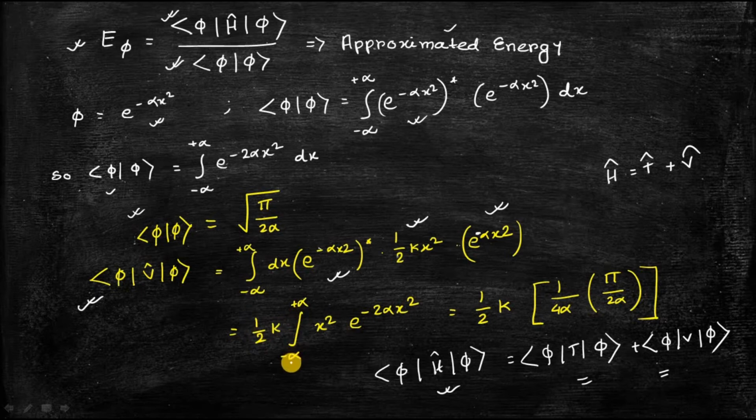So the integral will be from minus infinity to plus infinity of x square into e to the power minus 2 alpha x square. Again, if you go to the integral table, you can solve this integral. I am not going to discuss the details of how to solve it, but I will take the final solution, which is equal to half into k into 1 by 4 alpha into pi by 2 alpha. So this is the solution for the potential energy part.